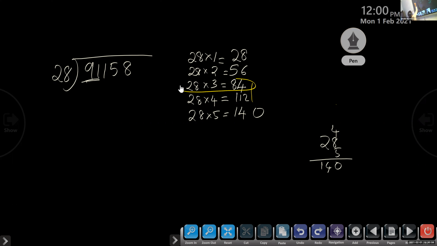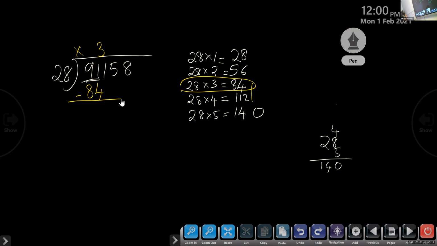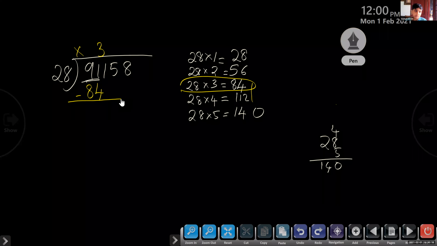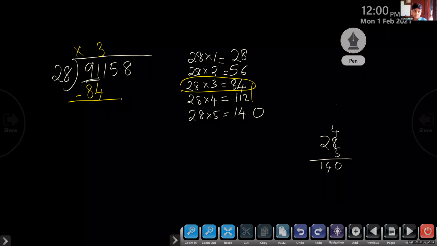Here 28 times 3 is 84. Then subtract and tell me 91 minus 84. 7.